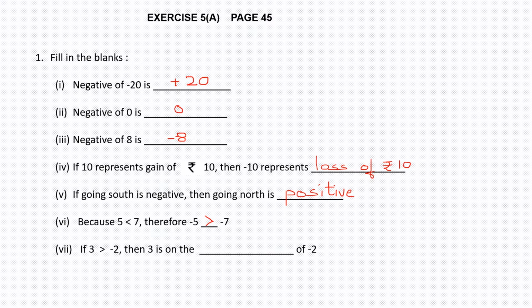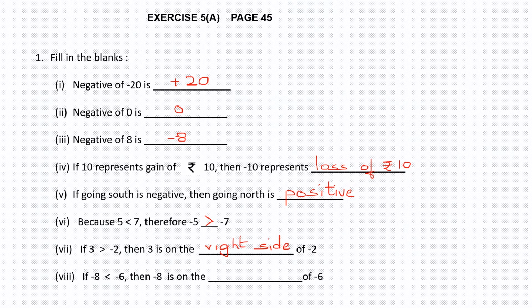So if 3 is greater than minus 2, then 3 is on the right side of minus 2. So all greater numbers are on the right side. If minus 8 is smaller than minus 6, then minus 8 is on the left side. All smaller numbers are on the left side.